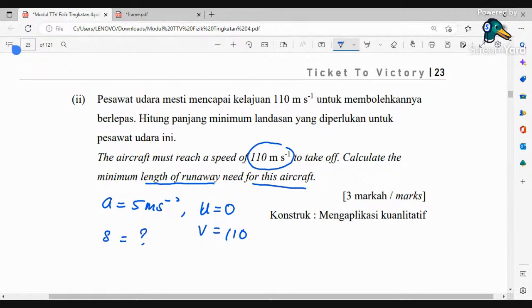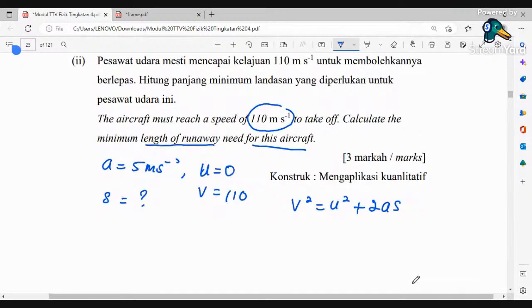Jadi S lah. No T ya. Macam 4 tadi yang tak ada T hanyalah V square equals U square plus 2aS. Ini je satu yang tak ada T, jadi gantikan V 110 square, 0 square, 2 times 5 S.